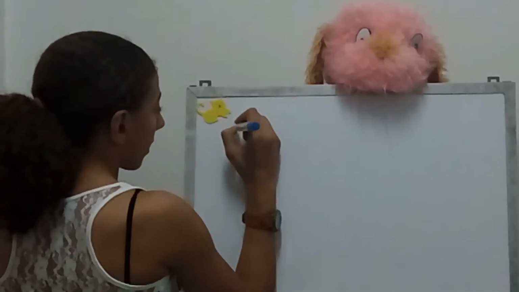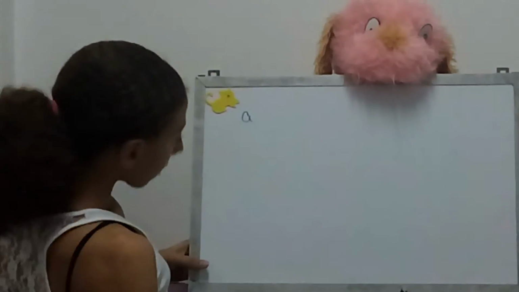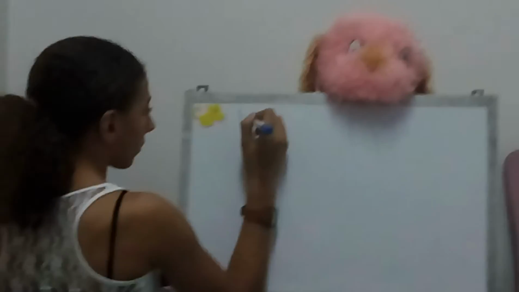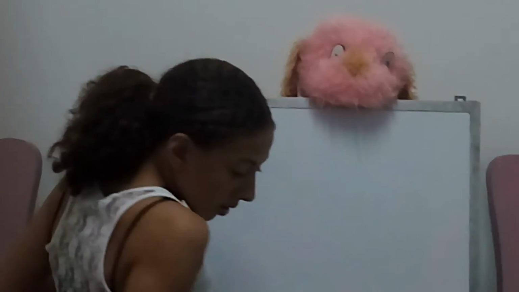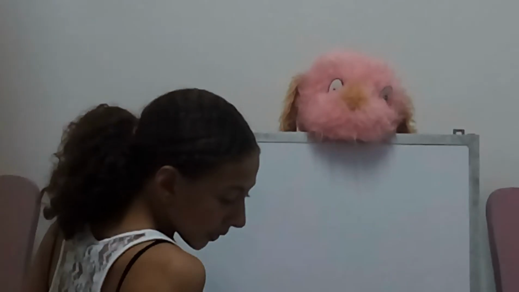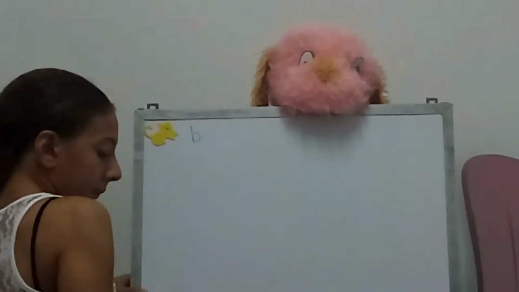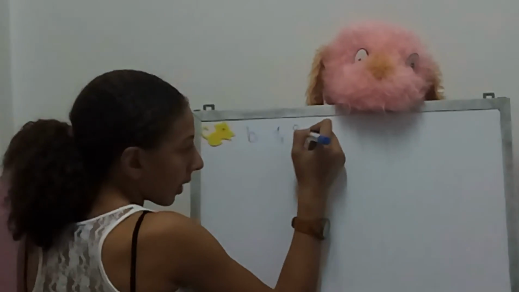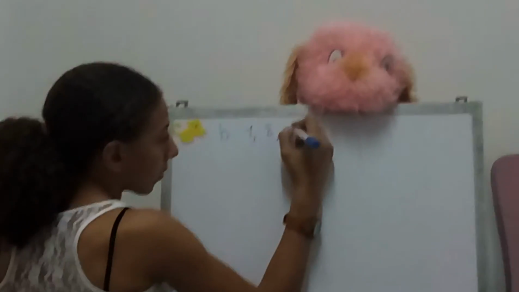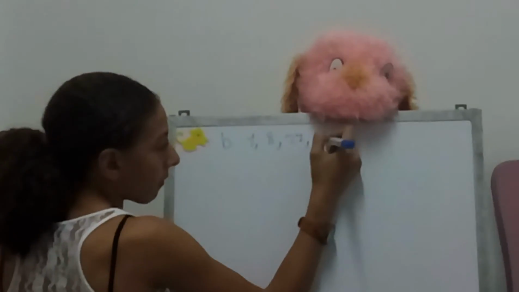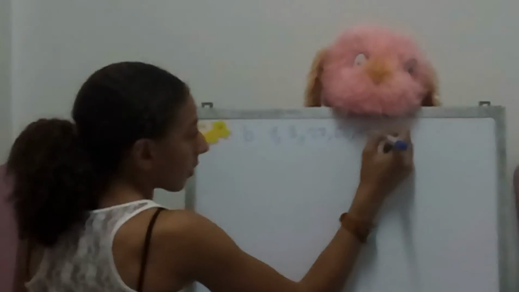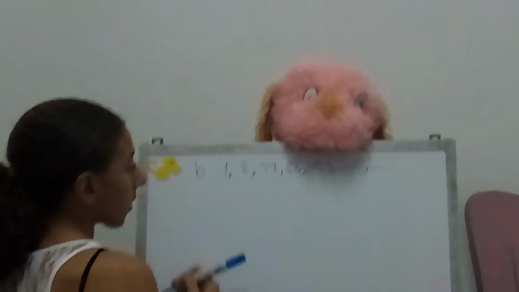We'll do another example. Example B. 1, comma, 8, comma, 27, comma, 64, comma, 125, okay?